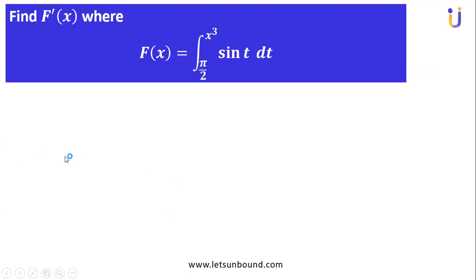And a simple example, F of x is given. We need to find F dash of x. So we know F dash of x is equal to d by dx, and it will undo the integration. So F dash of x is sine of x cube. The integral gets cancelled, and whatever the number is, you can ignore.